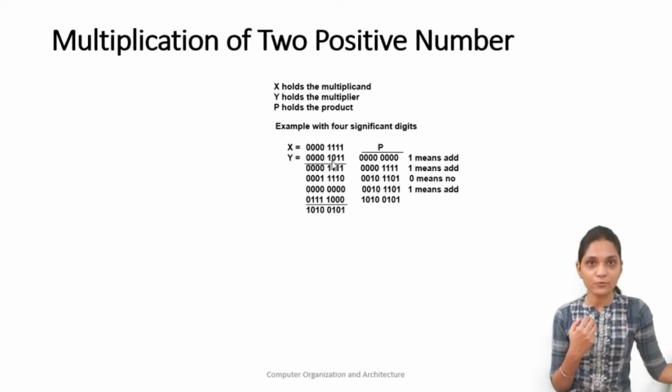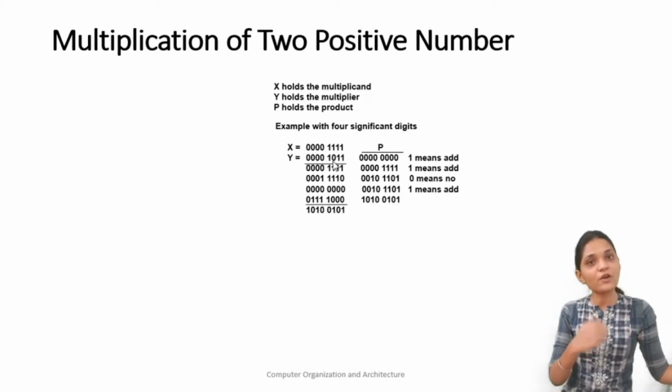After that you will check the next bit. If it is 0, then you need no addition. Then it is as it is. Then check the next bit. Here, if it is 0, then you still need to shift this multiplicand. That you have already shifted.